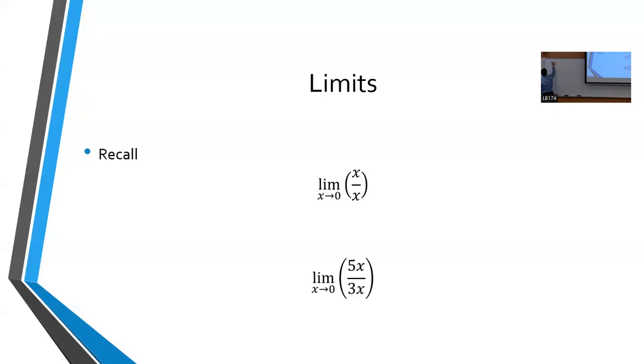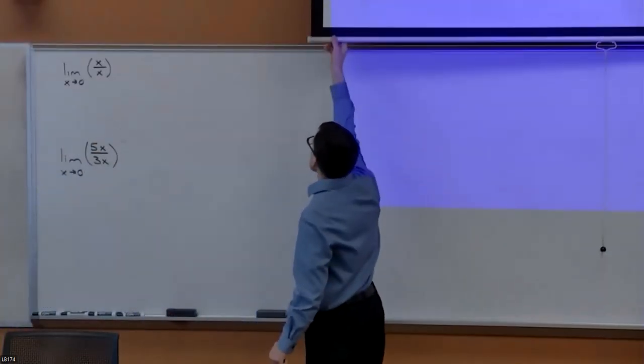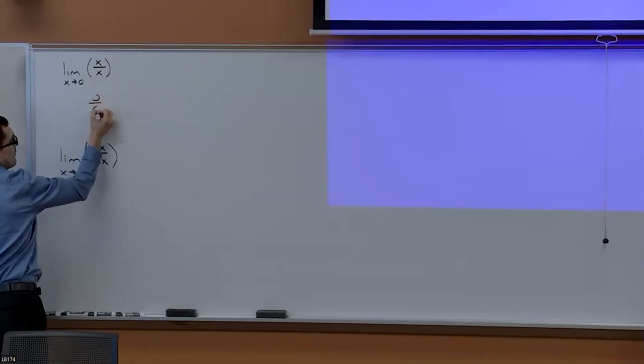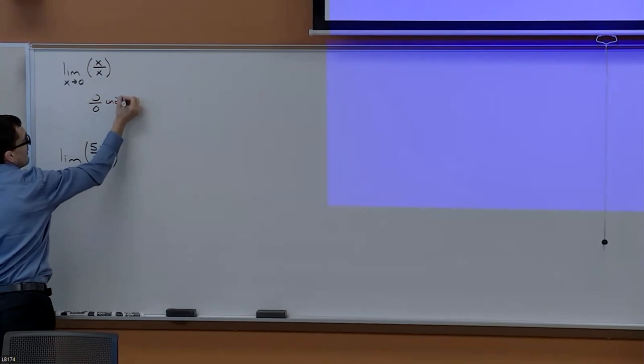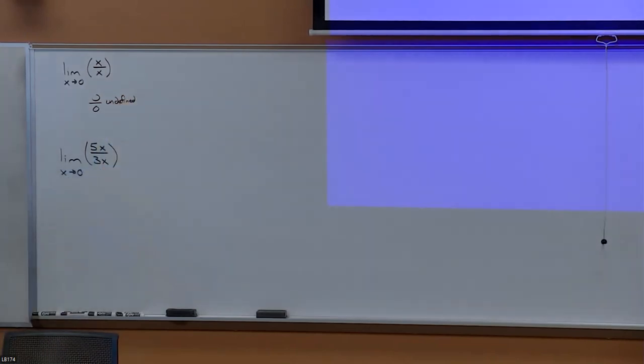If I take the limit as x goes to 0 of something like x/x, or something like 5x/3x, I want you to notice that if you just plugged in 0, you'd end up with 0/0, which is an undefined fraction, because we're dividing by 0, but also our numerator is 0, right?